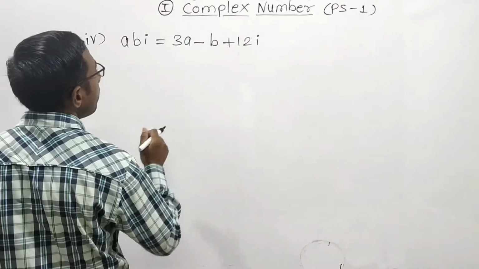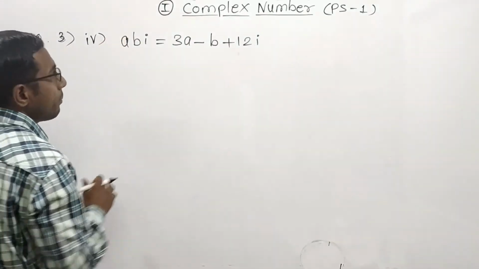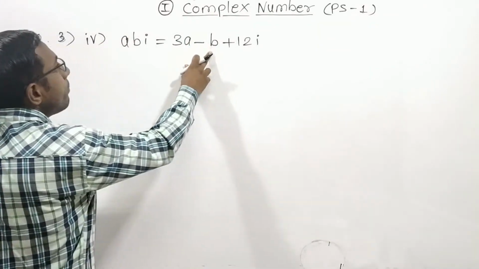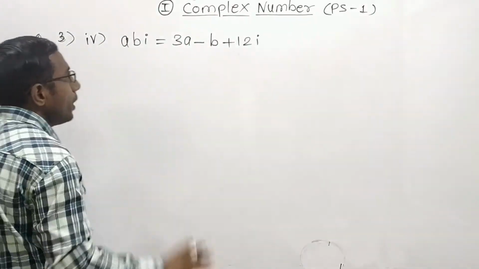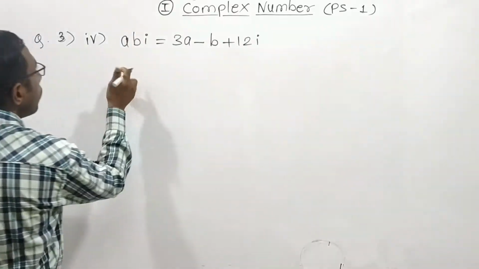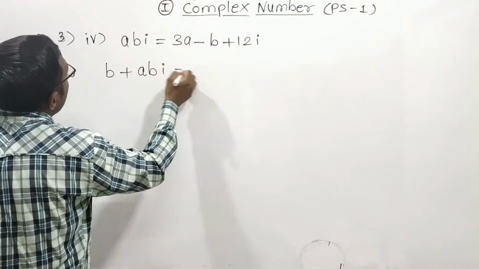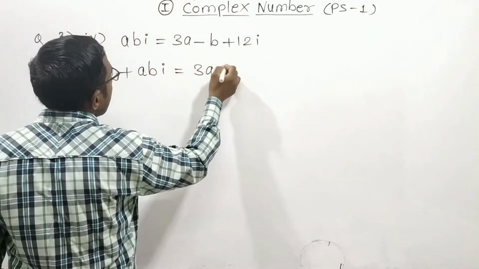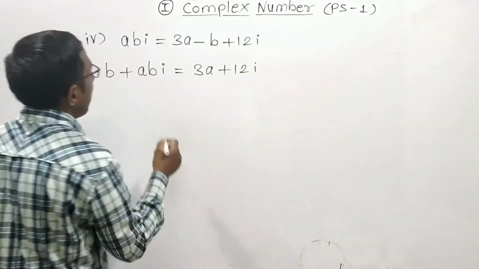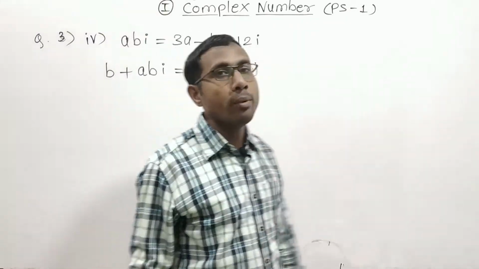Now simply shift either the a or the b to the left side. So I'm shifting this minus b to the left side. You may shift this 3a to the left side. So it gives you b plus abi is equals to 3a plus 12i. On the left side we have one complex number, on the right side we have one complex number.